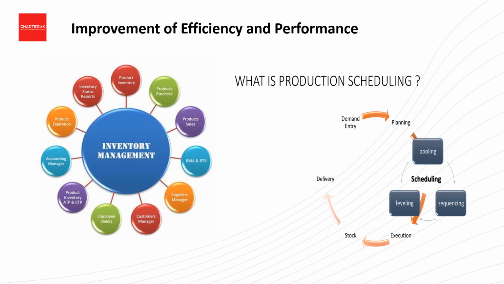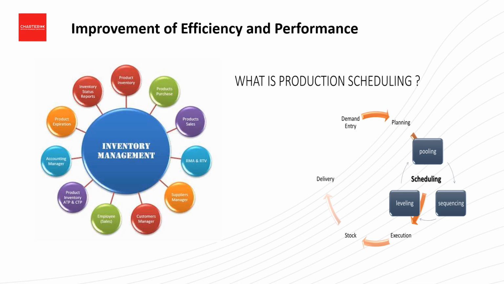For example, if a particular operation is consistently causing delays, the organization might consider investing in additional equipment or training to increase capacity at that stage. Alternatively, if certain resources are underutilized, the organization might look for ways to redistribute workloads more evenly.